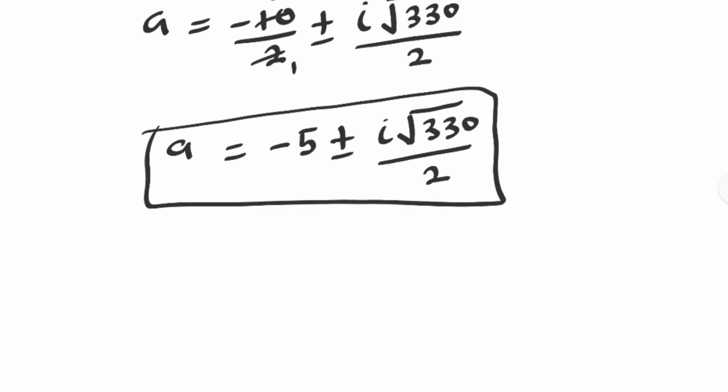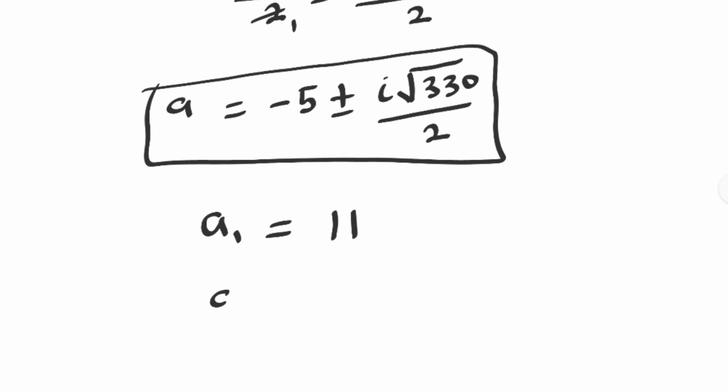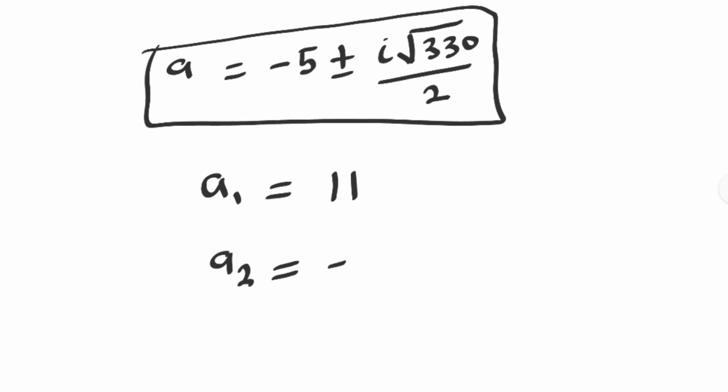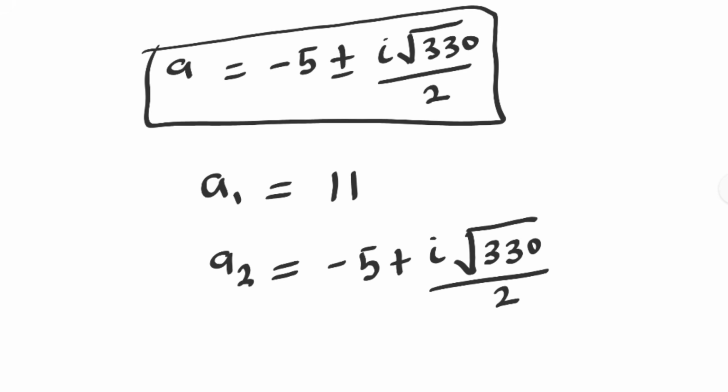Therefore, our final answers are A1 is equal to 11. A2 is equal to minus 5 plus i square root of 330 divided by 2.